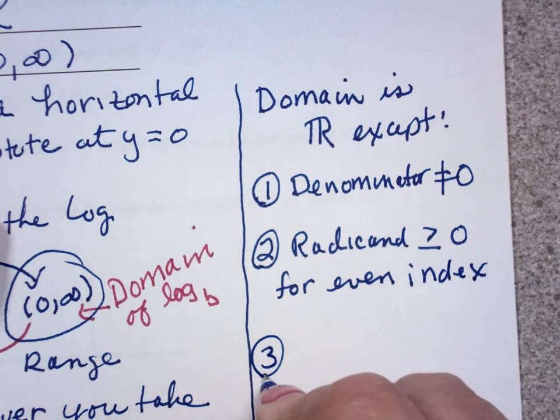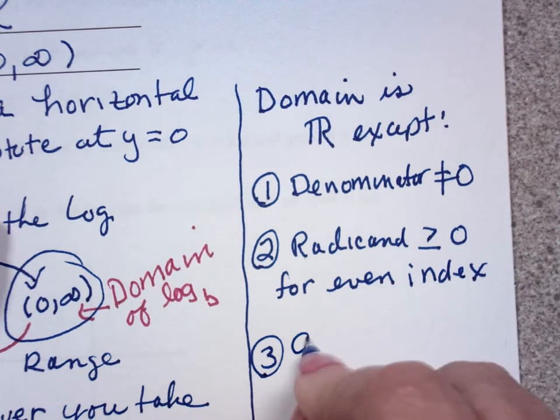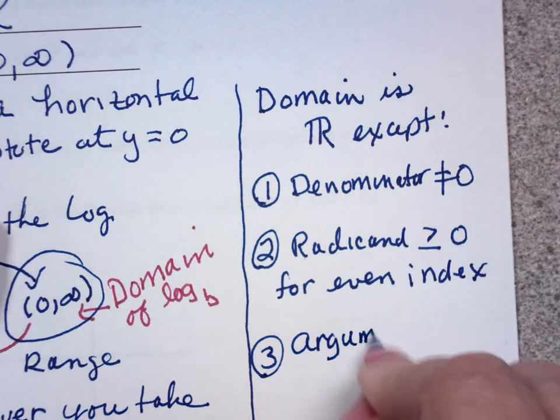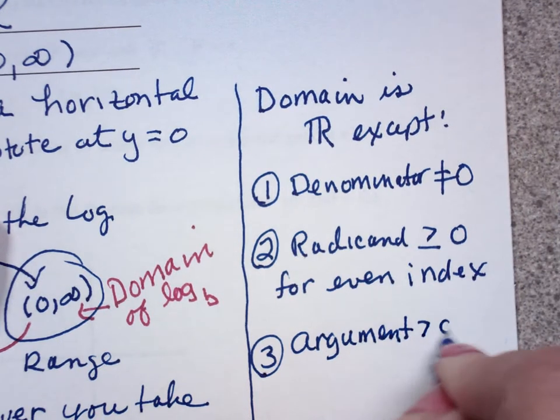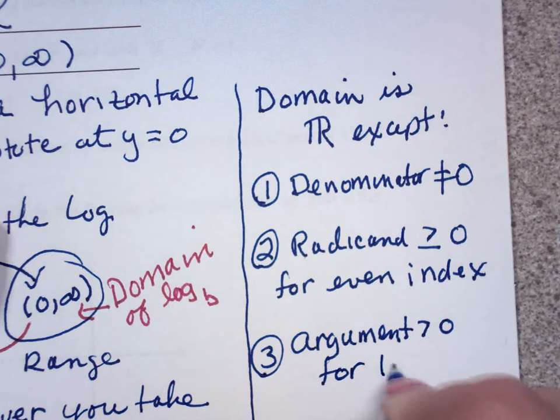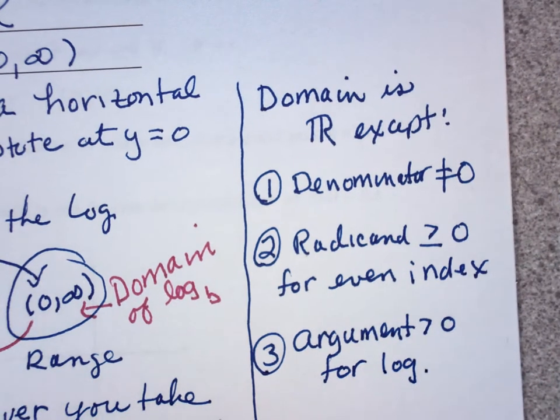And 3, the argument must be positive for log. Is it greater or equal? For the radicand, but not for the log.